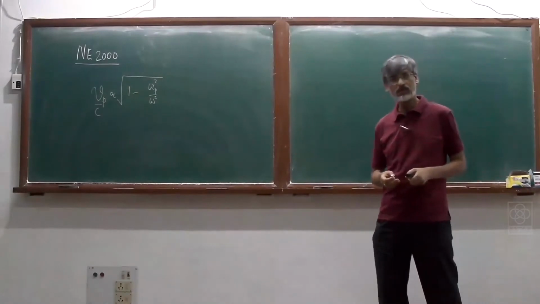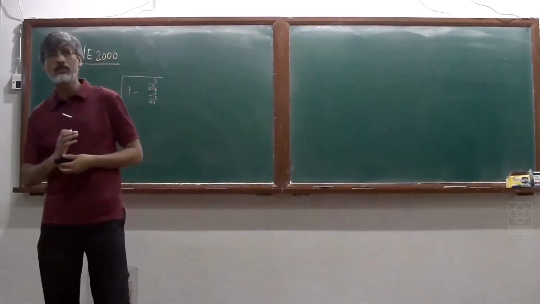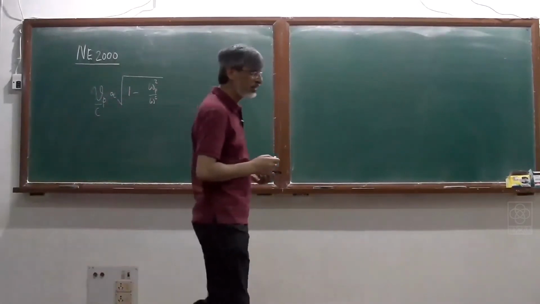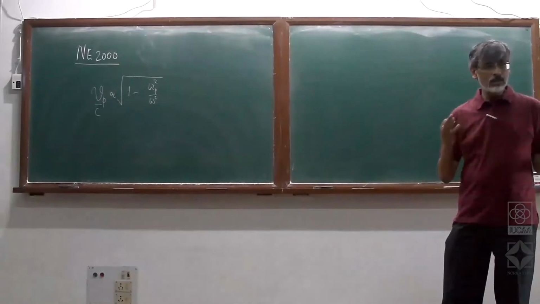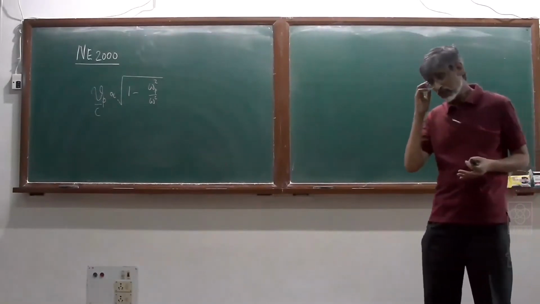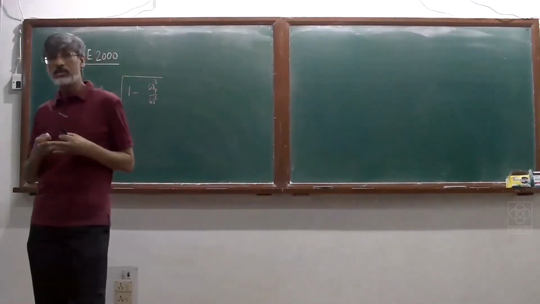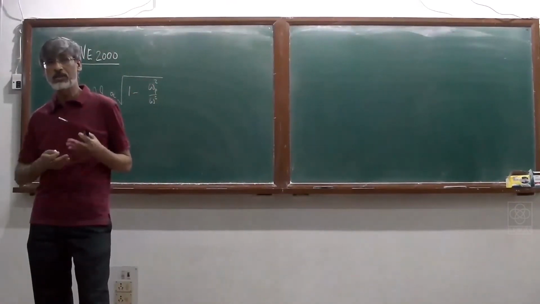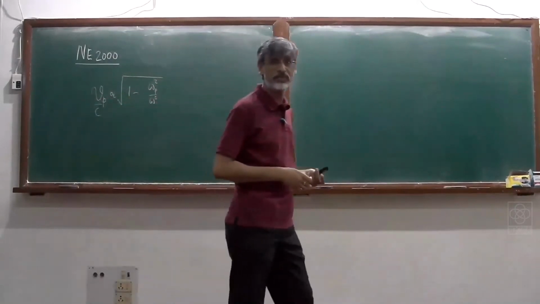Now, what we do know is that if brightness temperature rises above 10 to the power of 12 Kelvin, in a thermal or incoherent situation, it is not possible to sustain it, because you will then get into what's called the inverse Compton catastrophe.